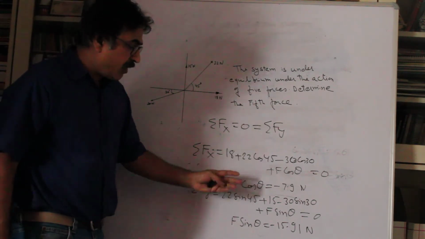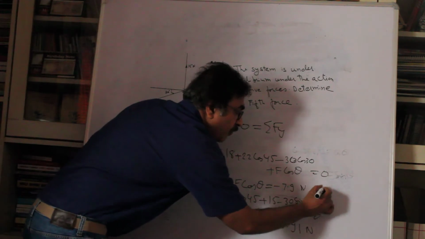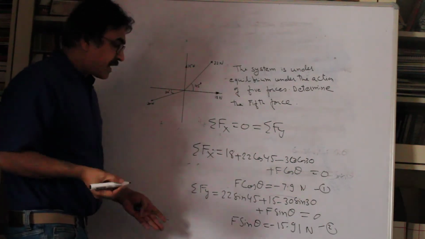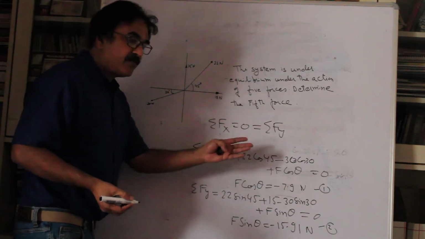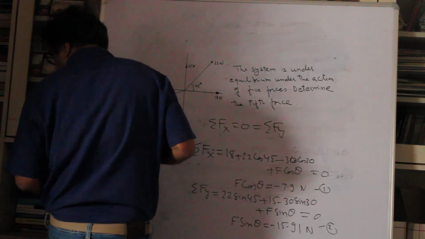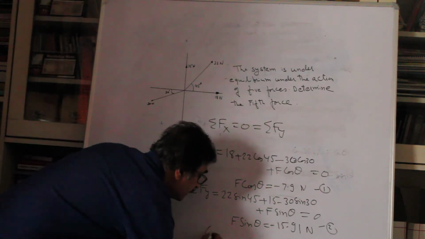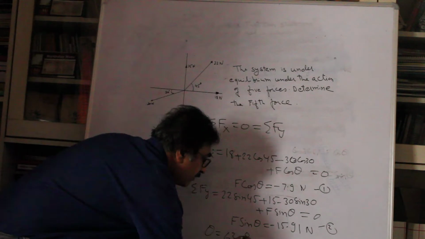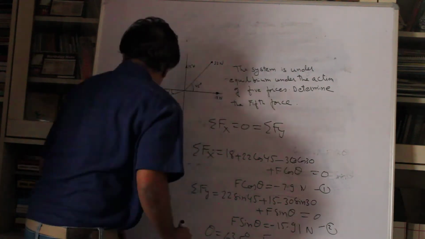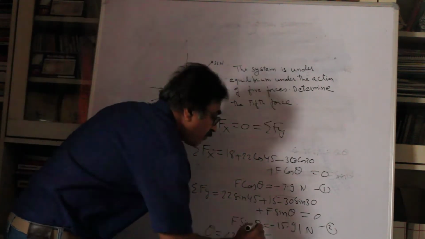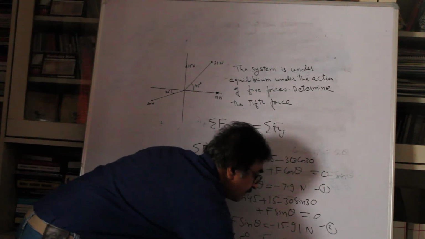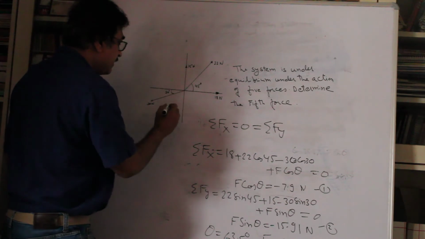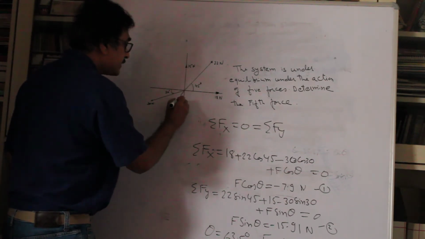If you call this 1, this is 2, solve this, divide 2 by 1, F gets cancelled, find out theta, and the value of theta is 63.5 degrees, right? And the value of F will be 17.78. Okay, 17.78. So you can show it here like this.